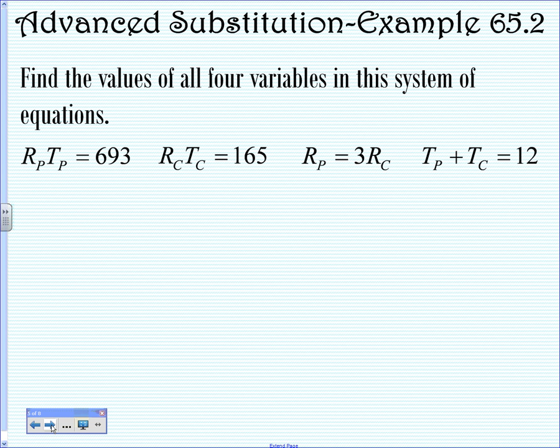Again, we want to find the value of all 4 variables in our system of equations. If you have 4 variables, they're going to have to give you 4 equations. What can I plug into that first equation? Okay, so 3 RC times CT equals 6 and 3.